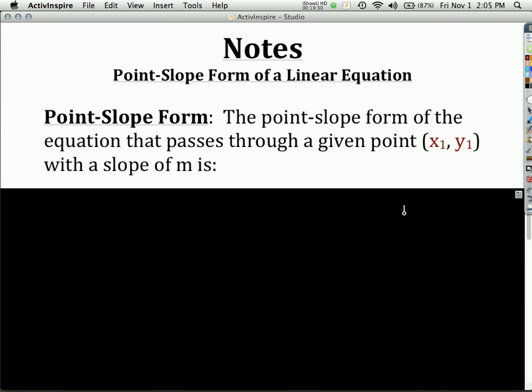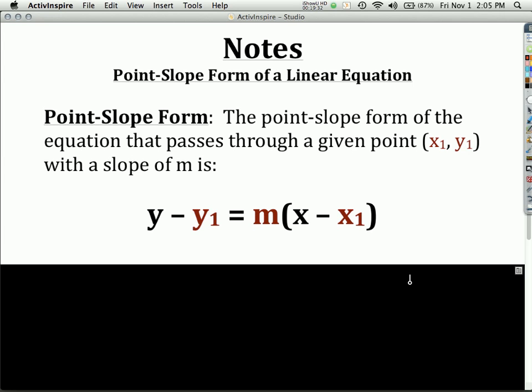So here is point-slope form. We have a point, (x1, y1). This is the point-slope form of the equation that passes through that point. I have 3 pieces in red. The pieces in red are the pieces that we provide.